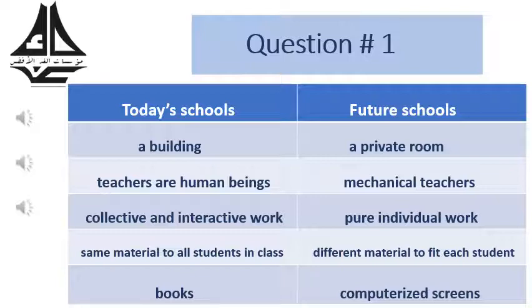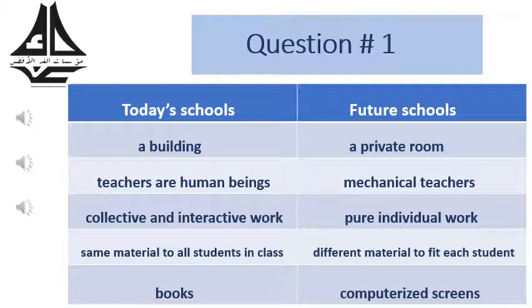Let's start mentioning the differences. As for today's schools, schools are buildings, so we write a building. For future schools, there would be private rooms, as we saw in Tommy's and Margie's time.